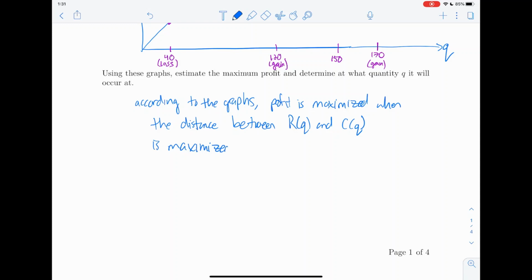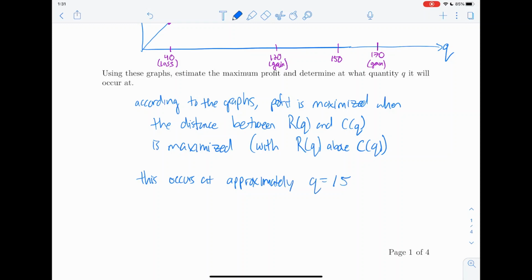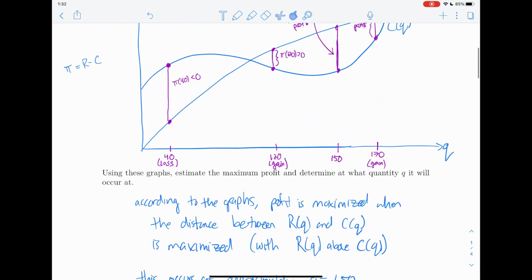Of course, parenthetically, with the revenue above the cost. That was an important caveat. And according to what we've seen in this example, this occurs at approximately Q equals 150. So this is maybe a way that we can deduce how to maximize profits with a picture.